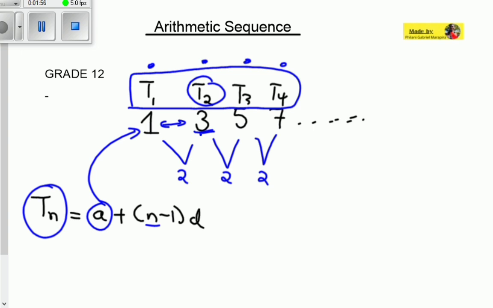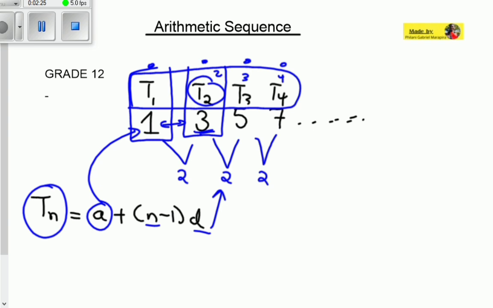Those two are different because Tn tells you what a term holds, like term 1 has number 1, term 2 has number 3, and so forth. Here n tells you the number of the term, meaning that you are at term number 2, term number 3, term number 4, and so on. So this d is telling you about the constant difference, which is the difference between two consecutive terms.